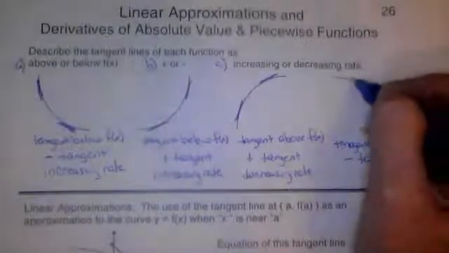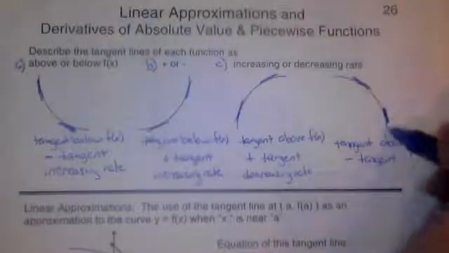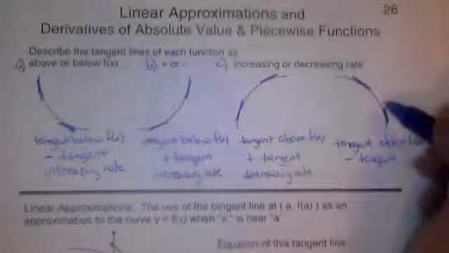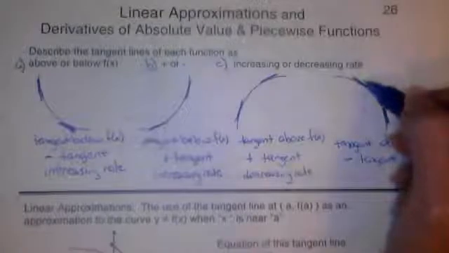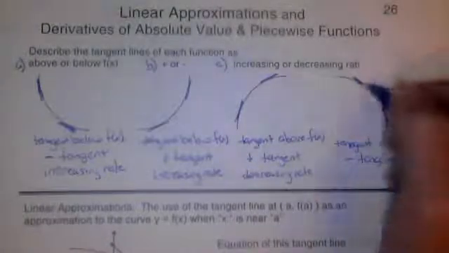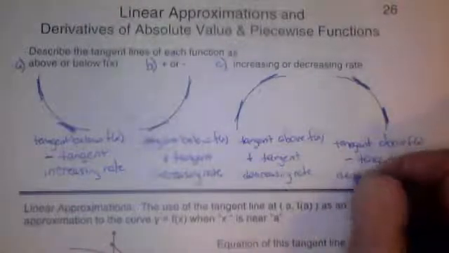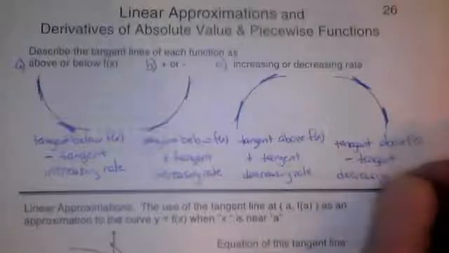And this one is a not so steep to a more steep. So like -1/2 to a -2. Those are getting smaller, decreasing rate.